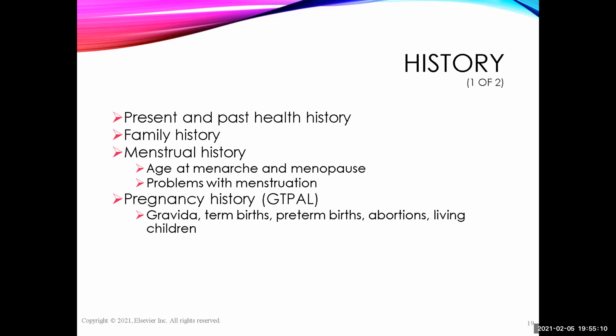Okay. Family history. If she has had pregnancies or has had infants before, did she have preeclampsia with those? Did she have gestational diabetes?